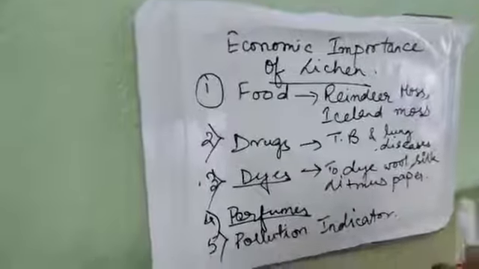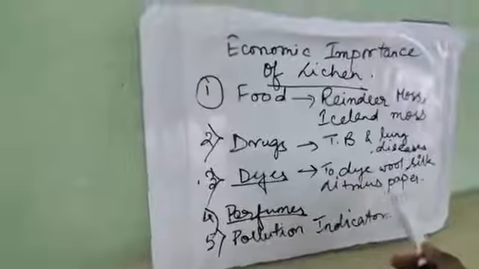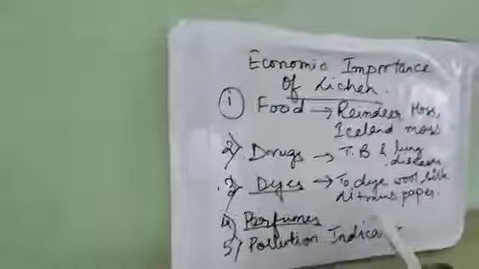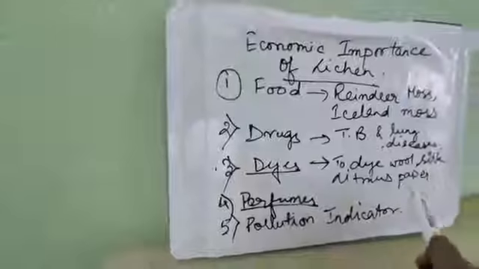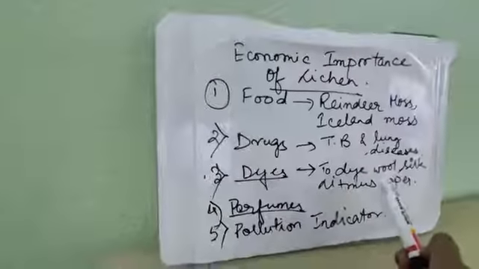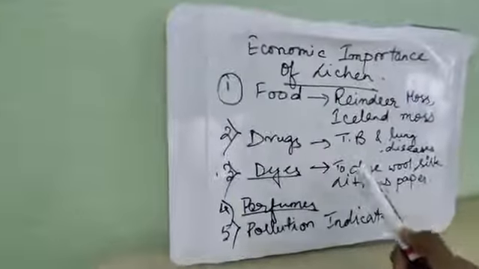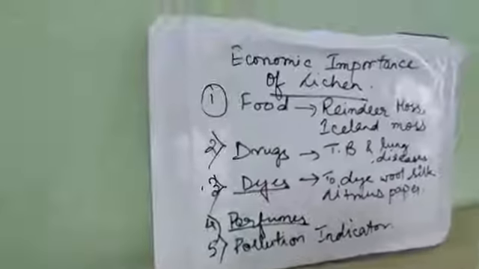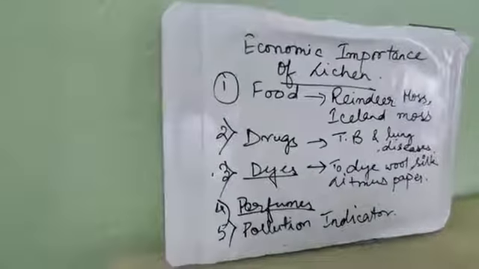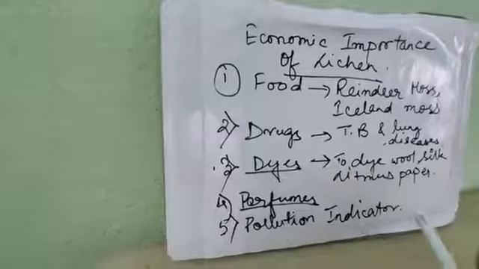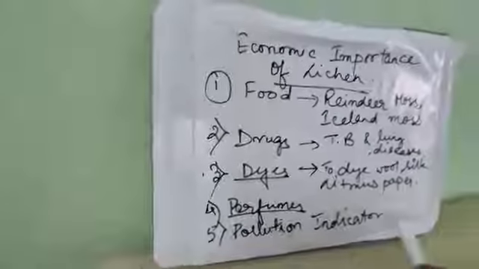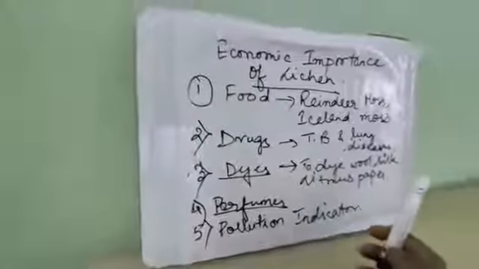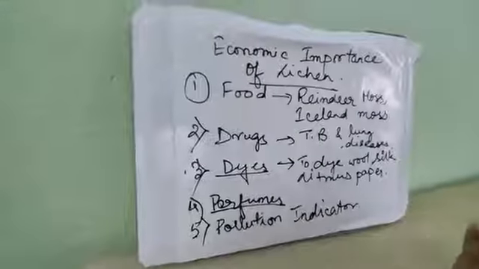Different brown colored dyes are formed from lichen. Some particular lichen produces a brown dye which is helpful for dyeing wool and silk fibers. The litmus paper that we use in laboratory experiments is also obtained from lichen. So these are the importance.